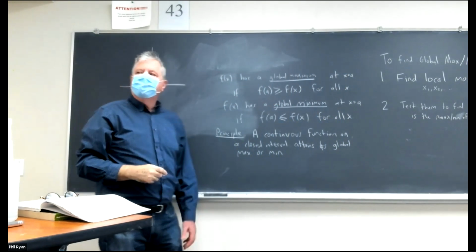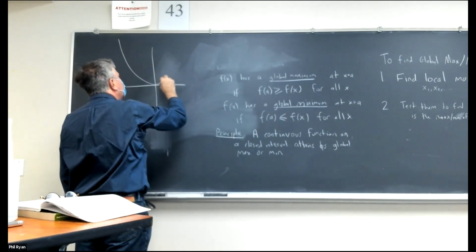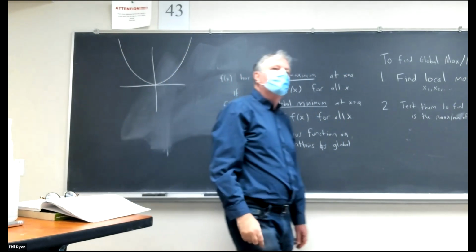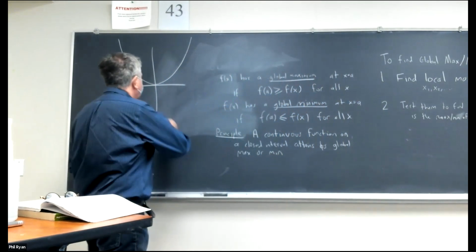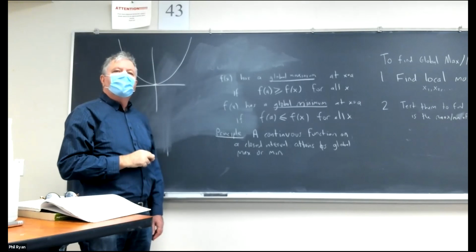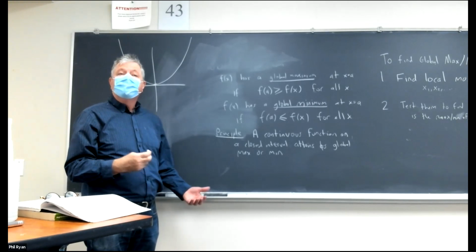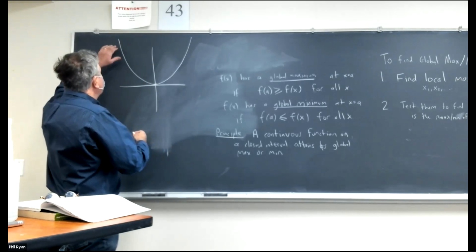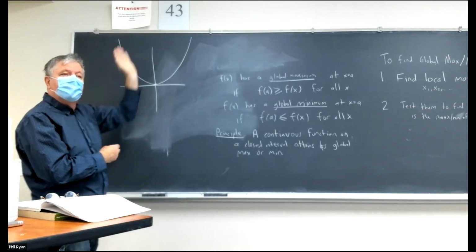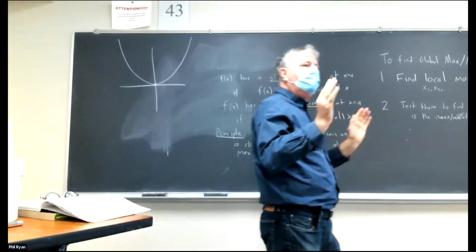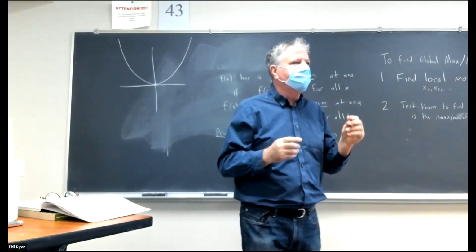Let's think of a nice simple function like x squared. It goes like this. If we look at all real numbers, its global minimum is there. Where's the global maximum? There's no global maximum, because whichever number you think is big, you can find something bigger, because it just goes off to infinity. Infinity is not a global maximum, and neither is minus infinity, because it's not an actual real number.